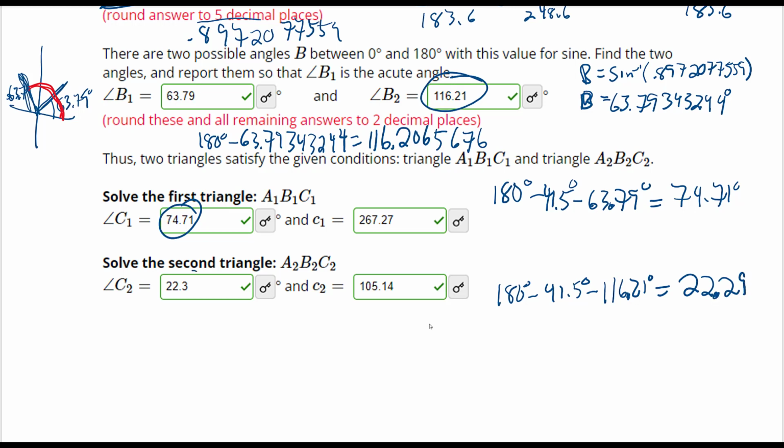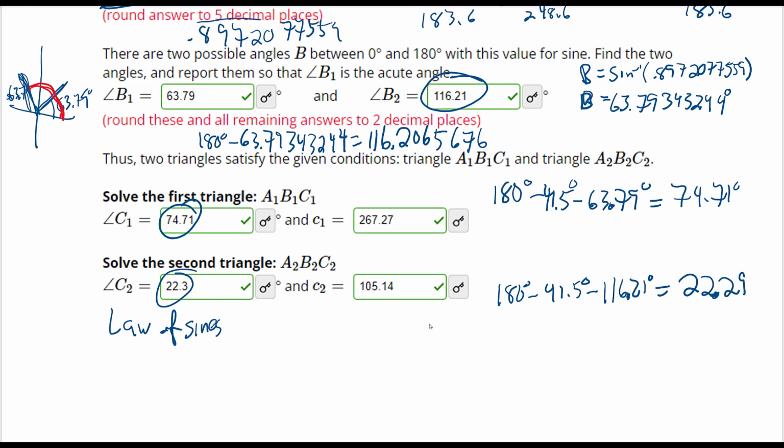Okay, so this person rounded. Now we find the missing side, so just use law of sines again.